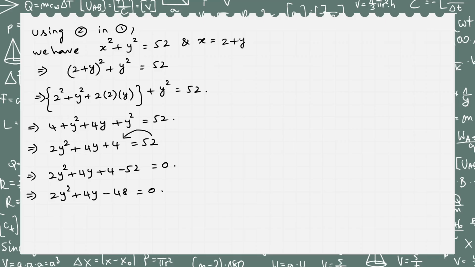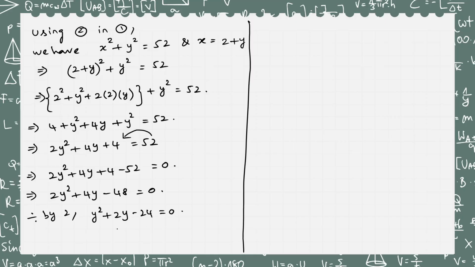Since 2 is the number available in all the terms, we can divide entirely by 2 to reduce this equation a bit. So dividing by 2 will give us y square plus 2y minus 24 equal to 0, isn't it? Now we have to find the value of y. That can be done by using the factorization method.